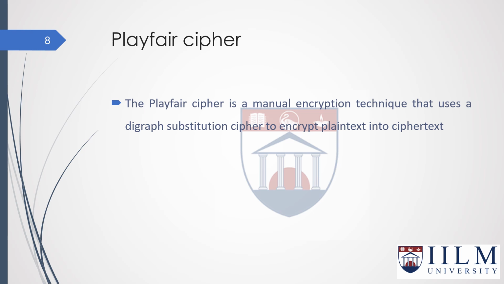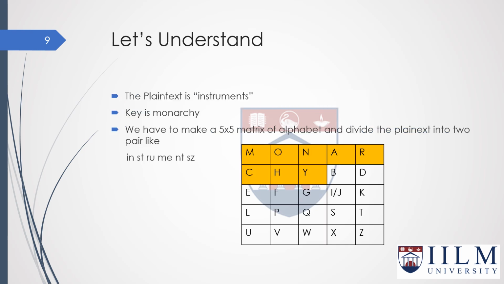So moving to the example, finally, we are going to do the Playfair cipher with a message. Our plain text is instruments. We just want to send a single word, instruments, to the receiver, and here our key is monarchy.